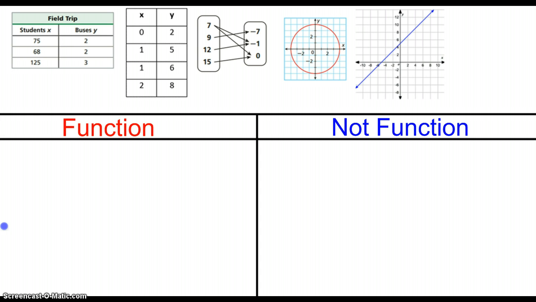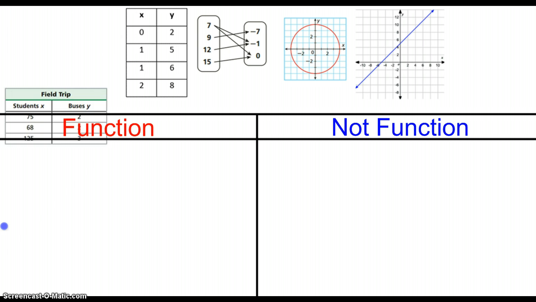If we were to make a table here, it would be 75, 68, 125, and 2, 2, 3. So we'd have 75 to 2, 68 to 2, and 125 to 3. So we have 2 x values that go to 1 y value. That's okay, but we don't want 2 of the same x values to go to different y values. So this is a function.